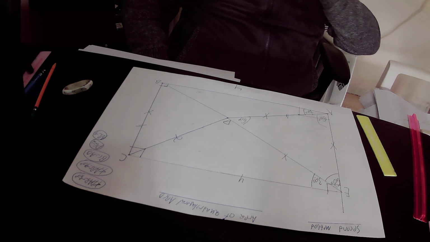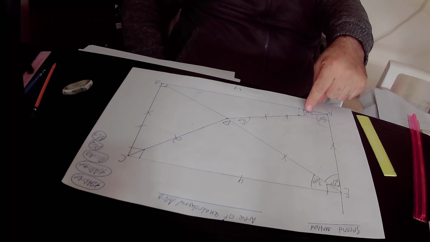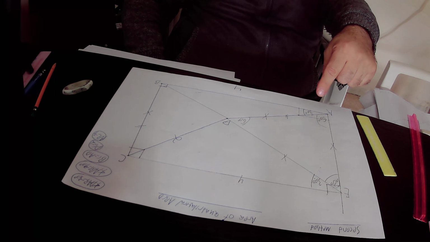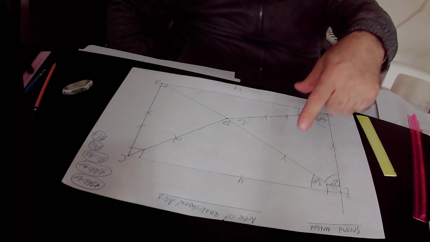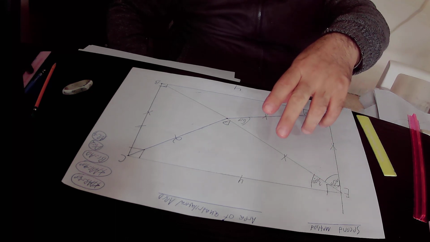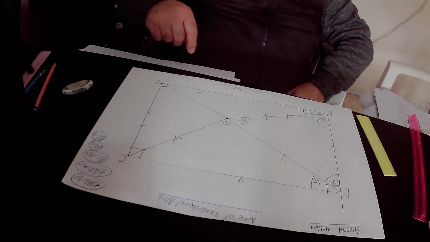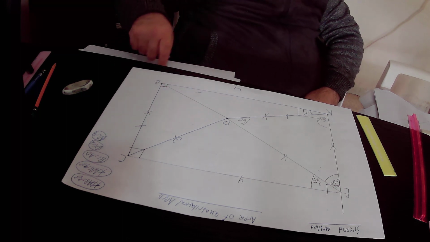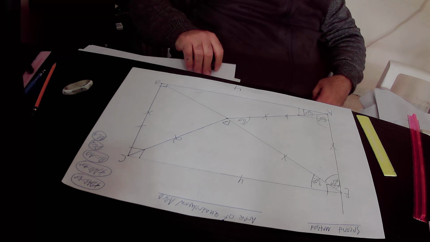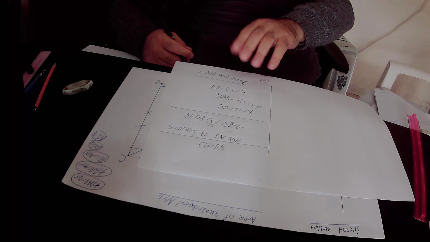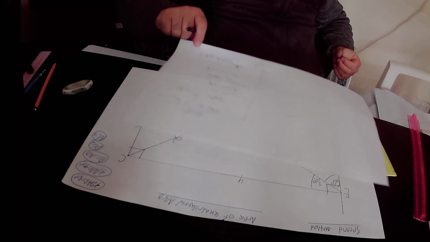Those two sides and the angle located between those two sides in triangle ADB are congruent to those two sides and the angle located between them in triangle EDC, therefore those two triangles are congruent according to the side angle side rule, and from the fact that those two triangles are congruent, we conclude that CD equals DB, according to the rule that corresponding sides in congruent triangles are equal to each other.